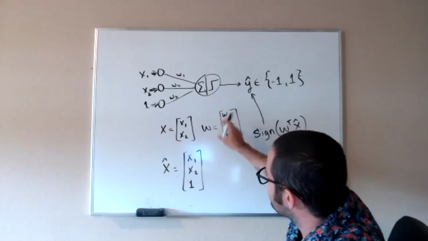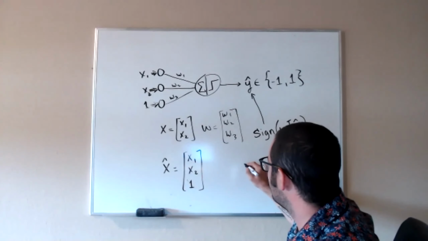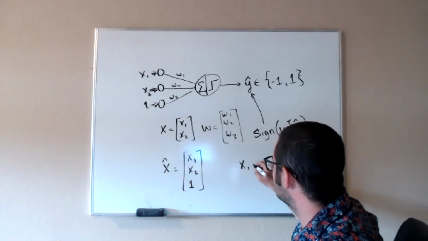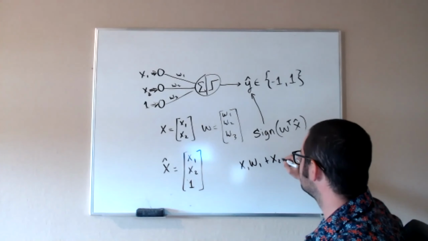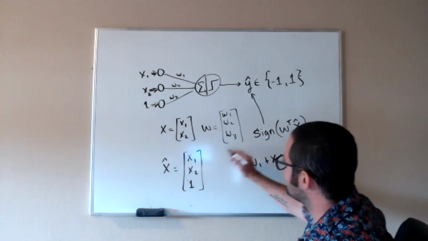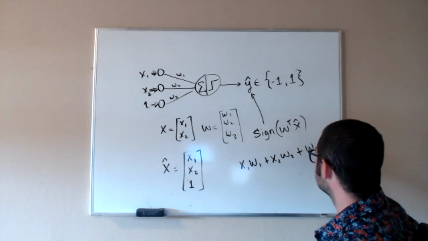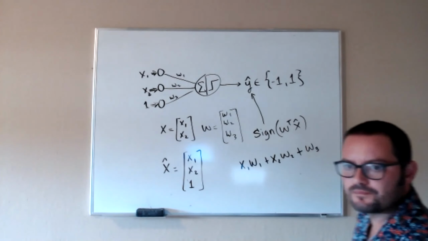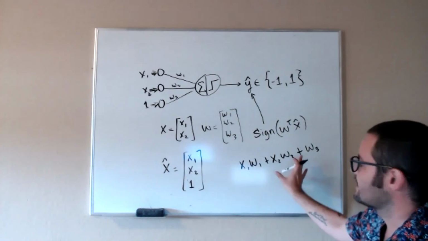If you look at that product, what do you get? You get X1 times W1 plus X2 times W2 plus 1 times W3. Okay? That's what you're getting, and you're looking at the sign of this.